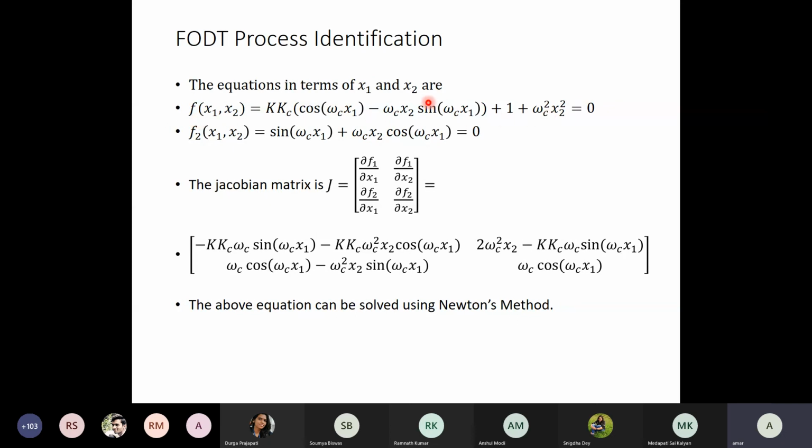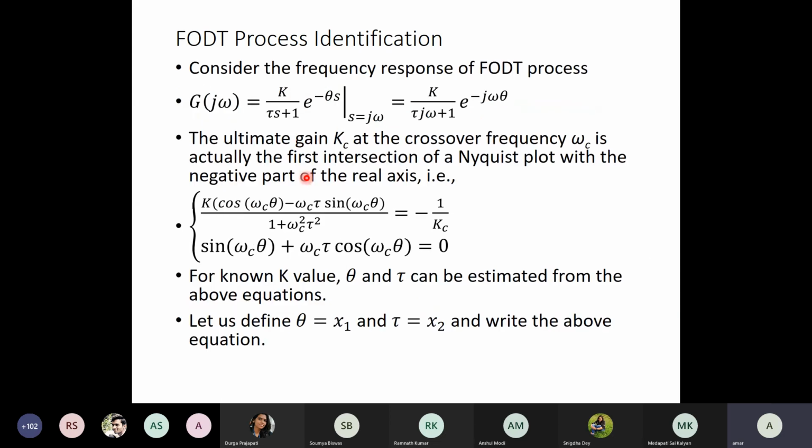I can calculate the Jacobian matrix also in this form, and then I can use Newton's method to find x1 and x2, which will give me theta and tau. So this is another method of finding transfer functions using the Nyquist criteria or the frequency response method.